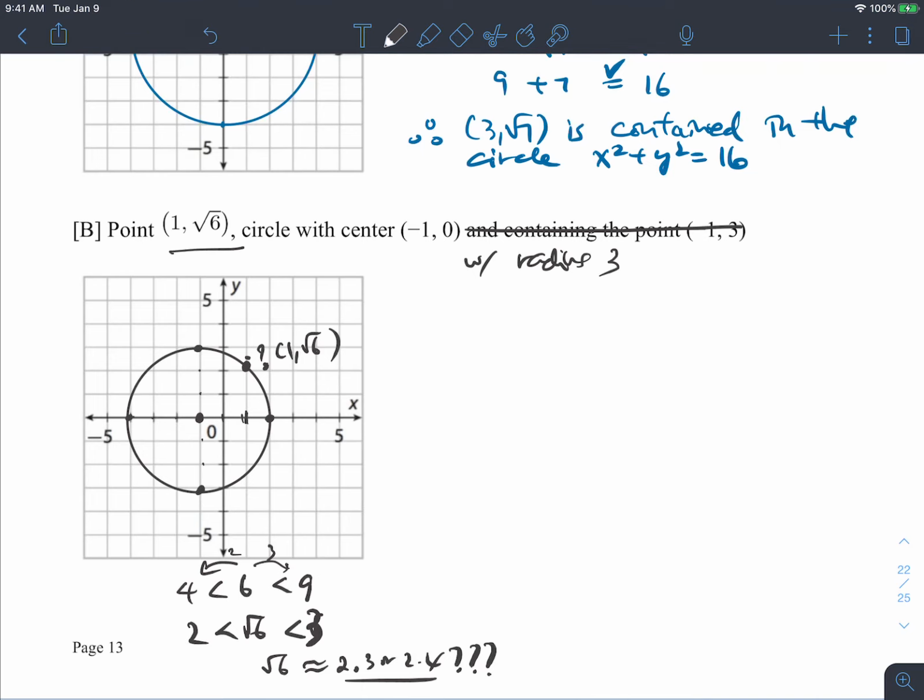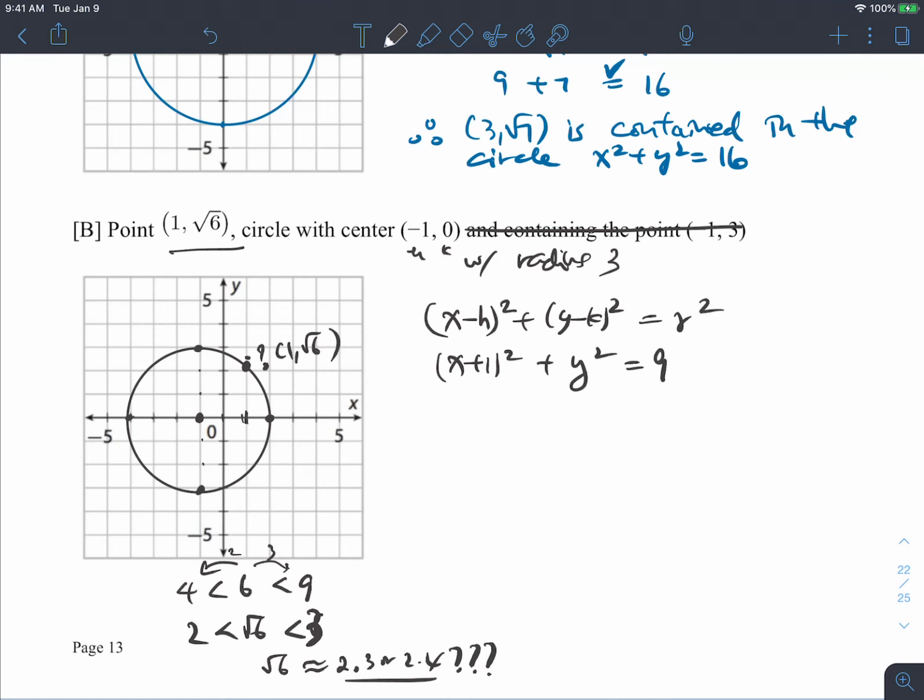Okay. Well, anyways, let's plug this into the equation, guys. So the equation is (x minus h) squared plus (y minus k) squared equal to r squared. That is an h and a k. When I plug it in, that's (x plus 1) squared plus y squared equal to 3 squared, which is 9.